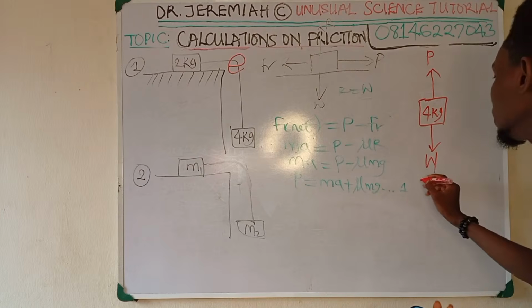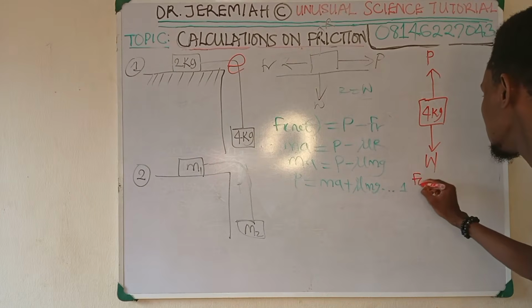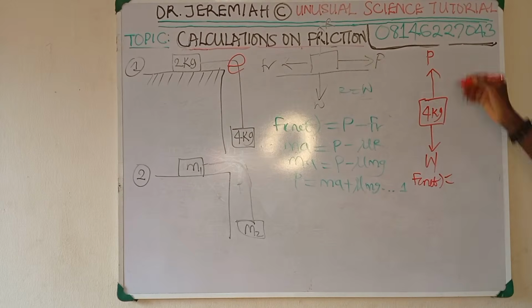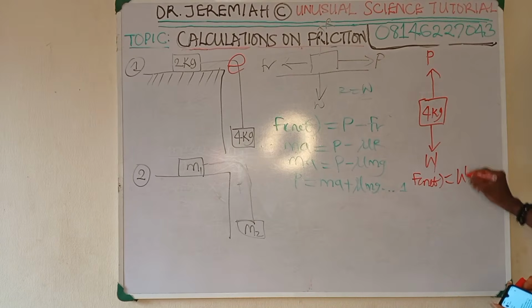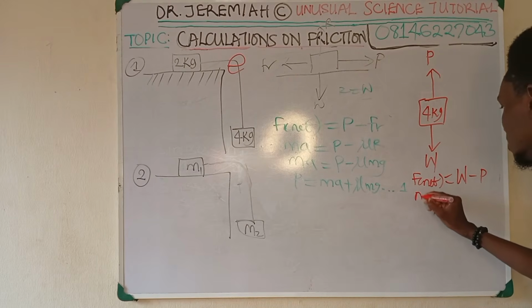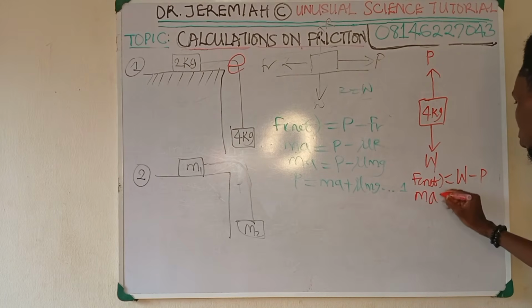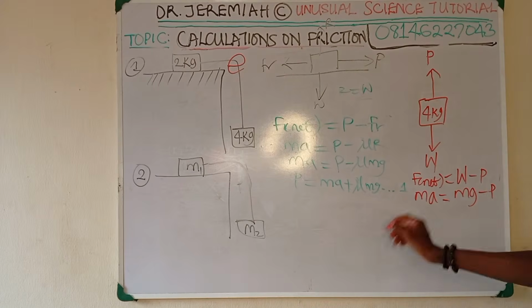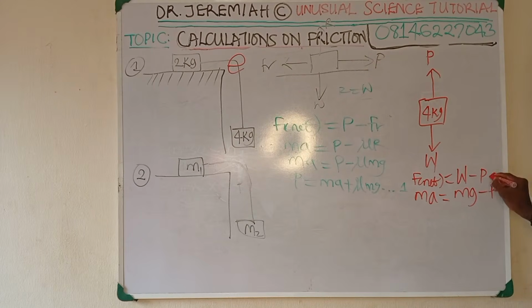Here now, the resolution for this body: we have F net, the net force acting on this body, and it's acting downward, so we have weight minus pulling force. From there, F net gives us mass times acceleration. Then we have weight mg minus pulling force. Now this is equation 2.